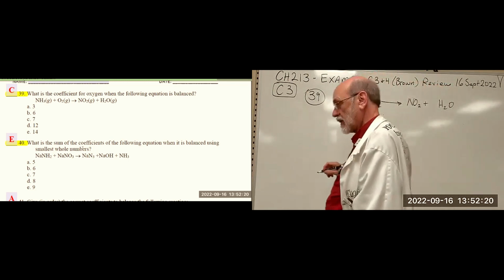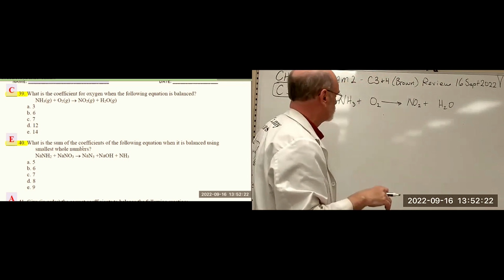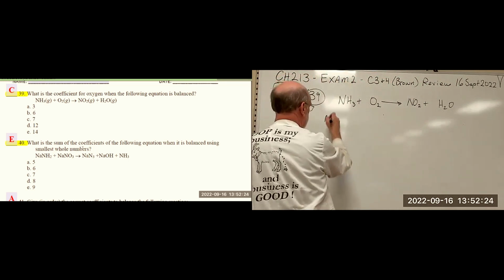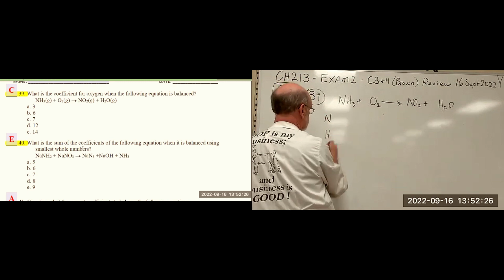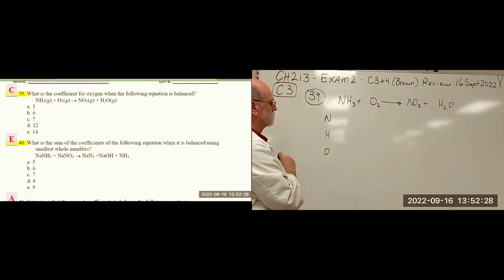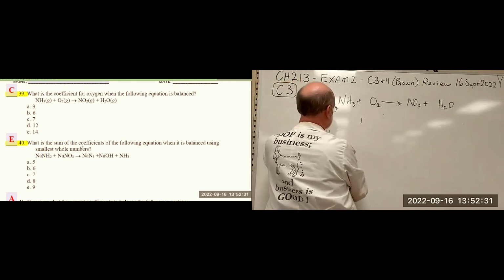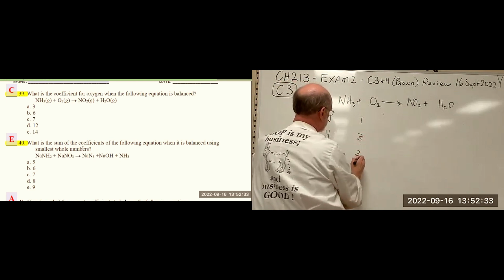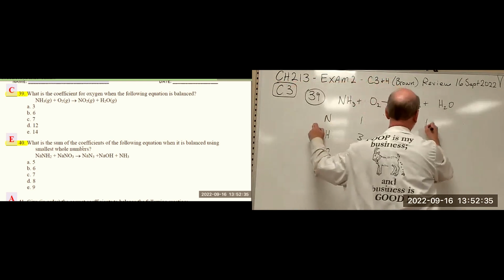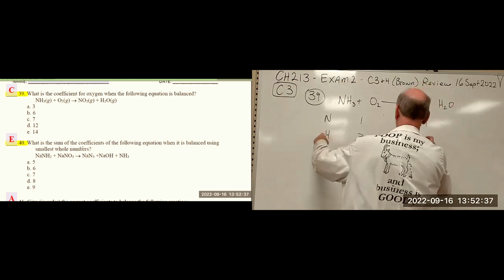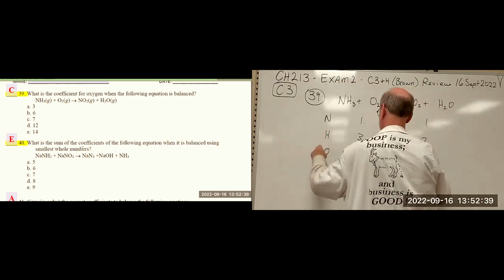Okay, so I'm going to use the budget method. We've got to account for nitrogen, hydrogen, and oxygen. That's it. On this side, we have 1 nitrogen, 3 hydrogens, 2 oxygens. On this side, we have 1 nitrogen, 2 hydrogens, and 3 oxygens.